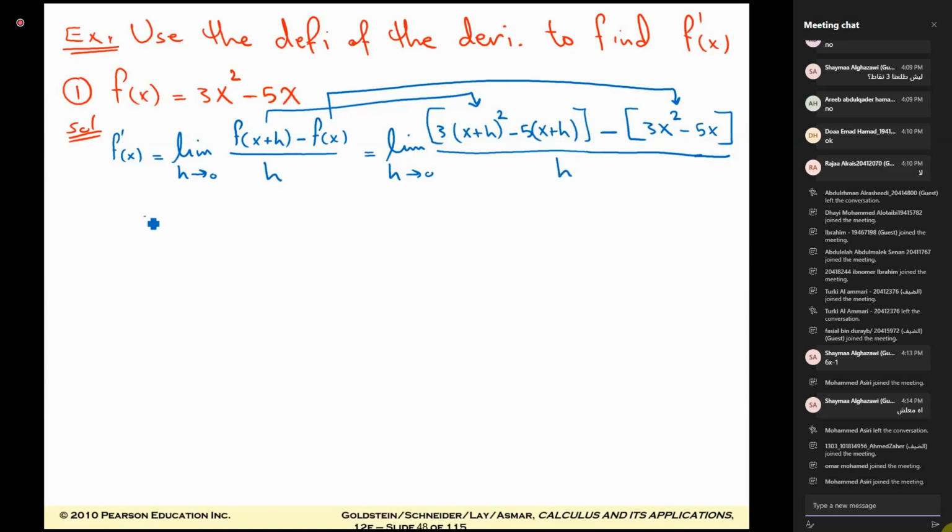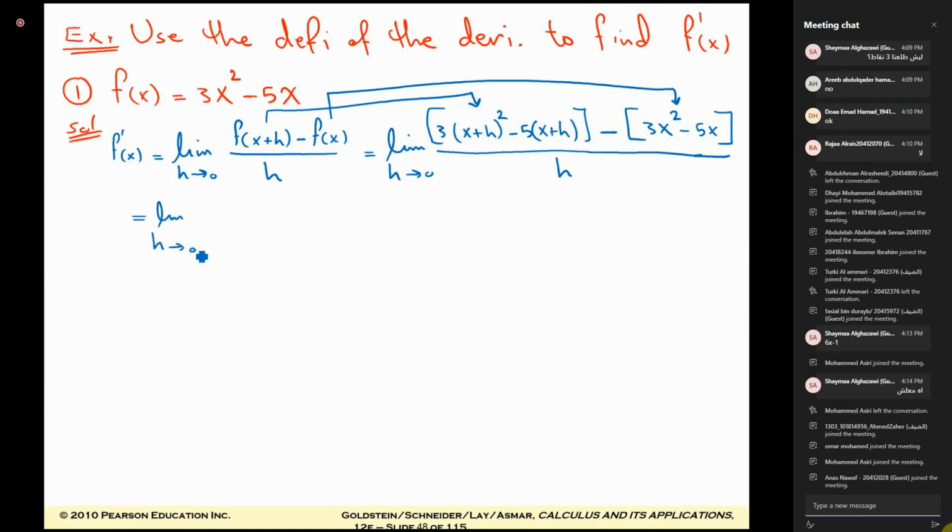Now the limit of h goes to 0. We need to simplify the numerators. So we have 3 multiplied by (x plus h) squared. Find the perfect square. Simplify.